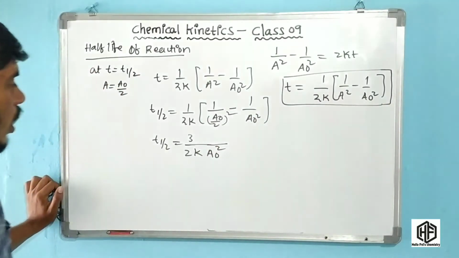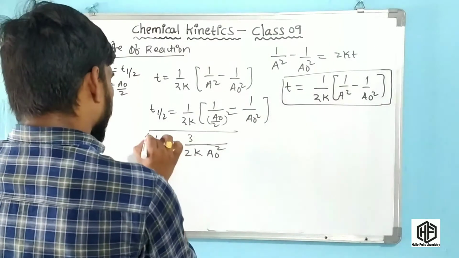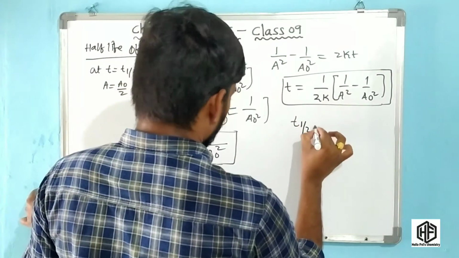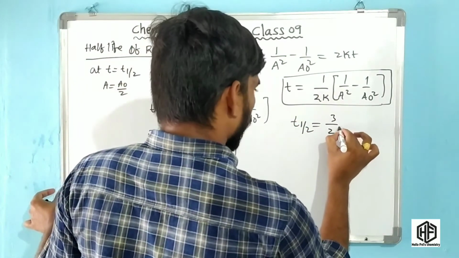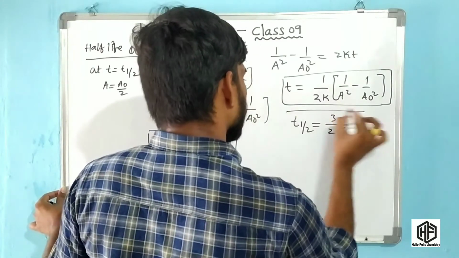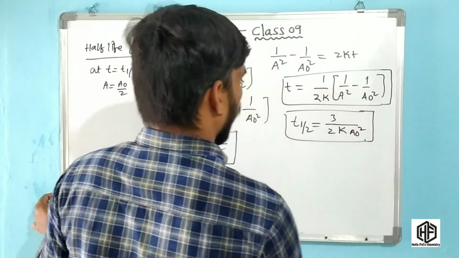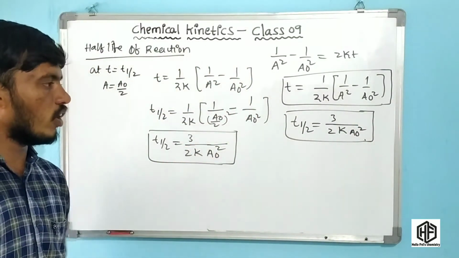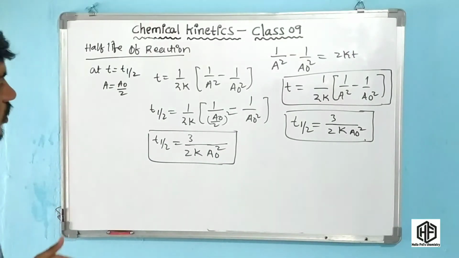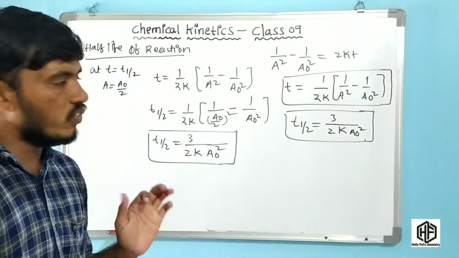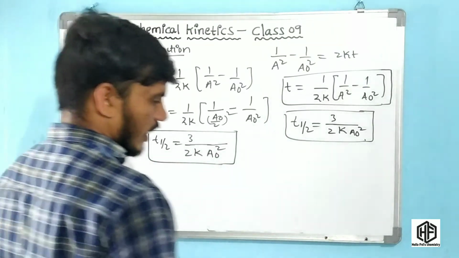So t half is equal to 3 by 2 into k a naught power 2. This is the half-life of a third order reaction: 3 by 2k into a naught power 2. Here a naught is the initial concentration of the reactants. This is clear, friends.